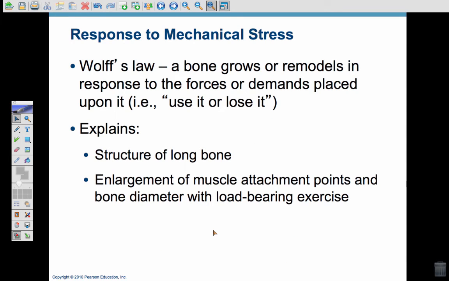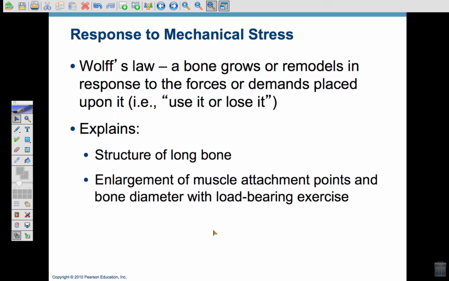Now, as far as mechanical forces influencing the maintenance of bone, something called Wolff's law is a variation of the use it or lose it mantra, that essentially bones respond to the way that they are used and can be remodeled in very specific ways, especially at younger ages.